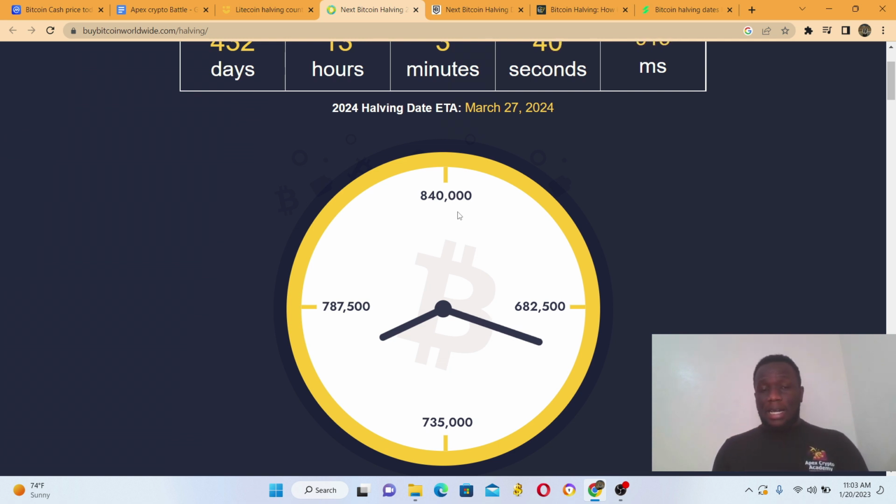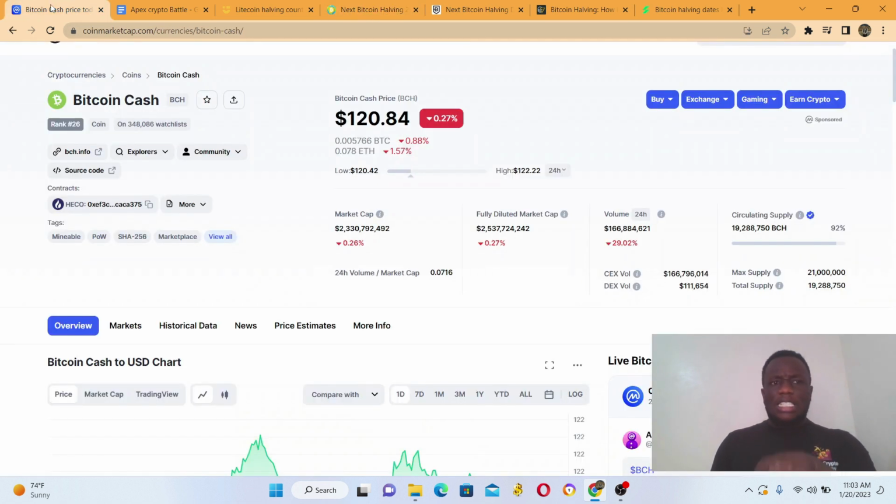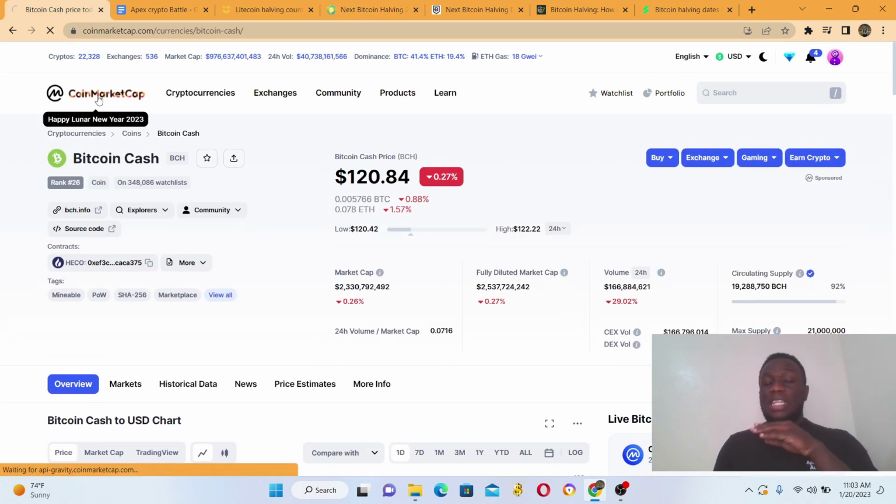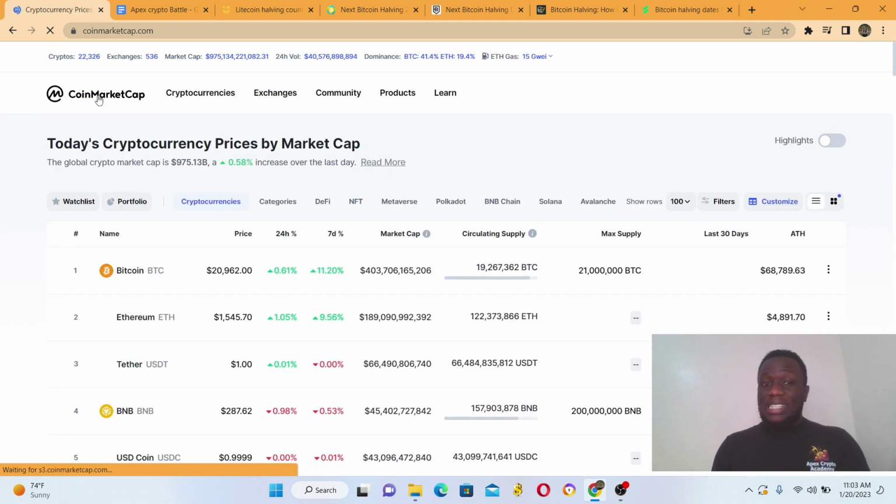Remember, halving happens after every 4 years. And in those 4 years, with a rate of 144 blocks per day, by the time we get to the next halving, you will have mined 210,000 blocks of Bitcoin. So this is what halving does. When halving takes place, the number of Bitcoins being released to the economy is normally cut in half.